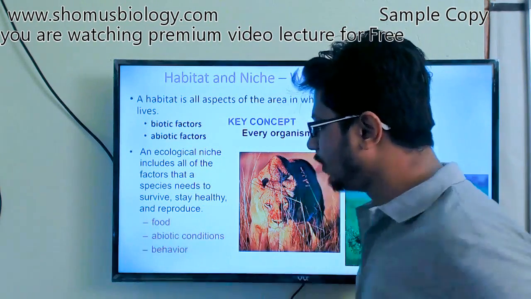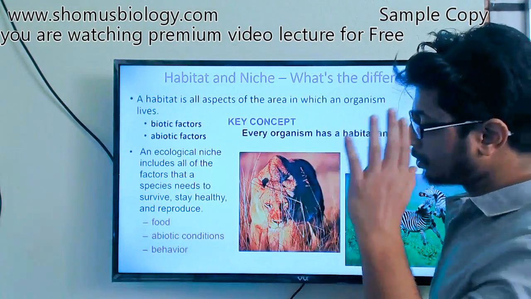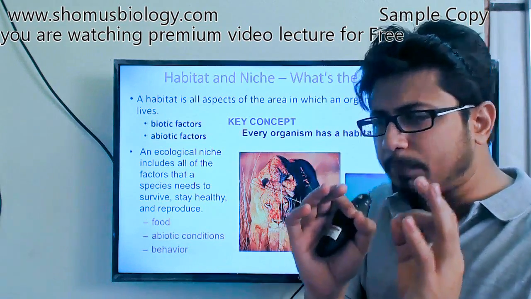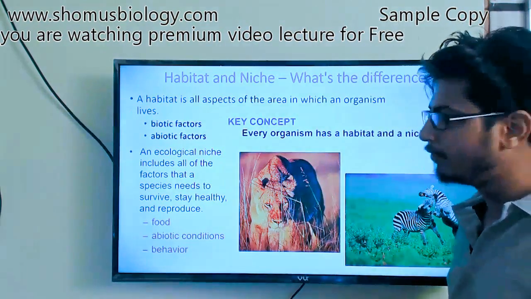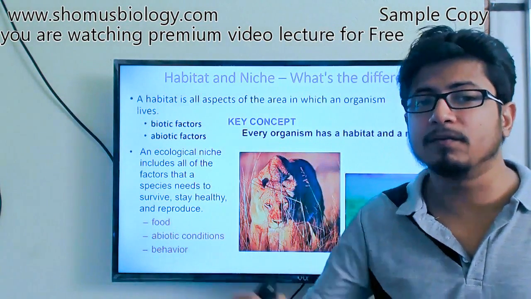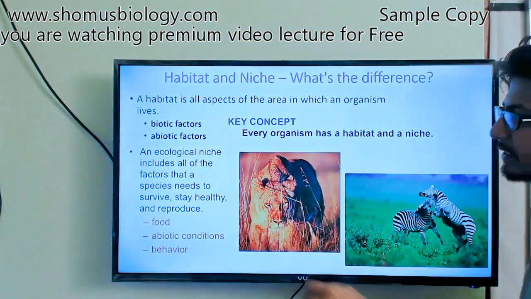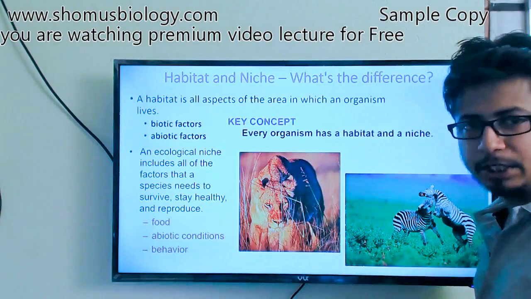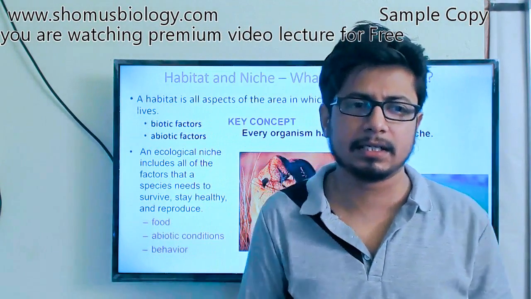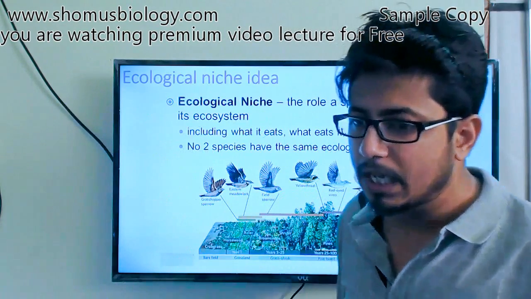So it contains both food and food habits of that organism, the abiotic conditions, and also the behavior of that organism. In very simple words, habitat is the place where they live, and the niche is the place where they live along with the food habit and the behavior of that particular organism. Everything together is termed as a niche, or ecological niche, or the functional unit of an organism in an ecosystem.